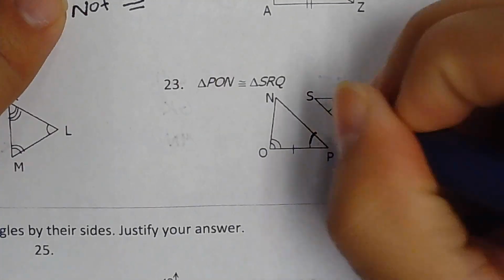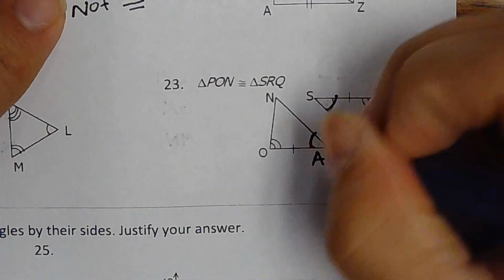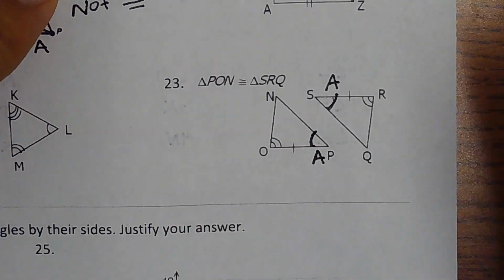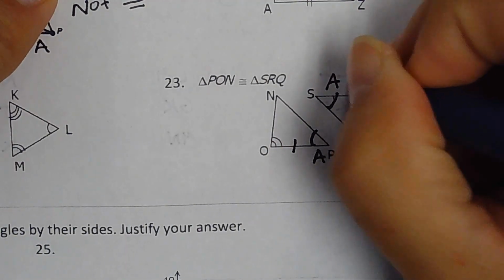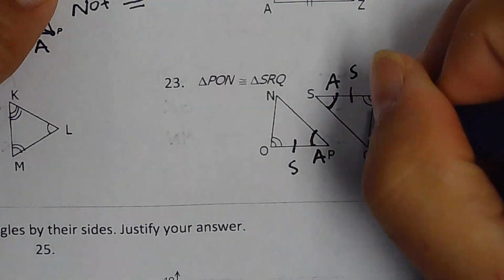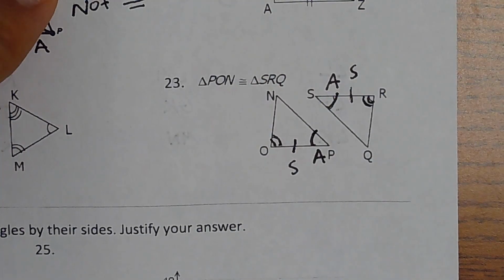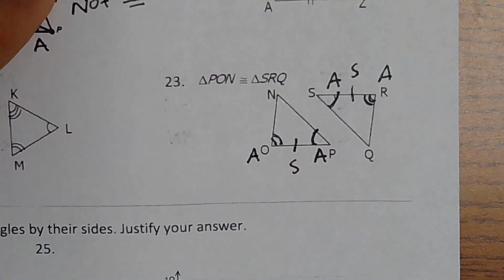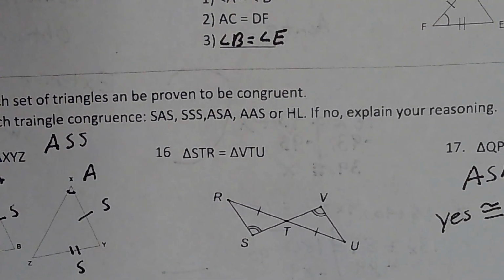So for this one, I have single arcs. So that implies what letter? Yes. A. Perfect. Now I have side lengths here that are congruent. What does that imply? S. And then I have my double arcs right here, which implies another what? A. So what is this called? ASA. Now is ASA one of your ones on your list? Yes.